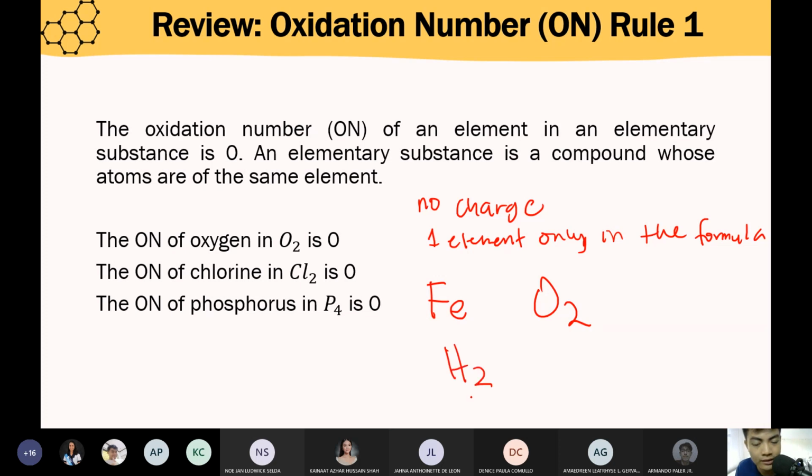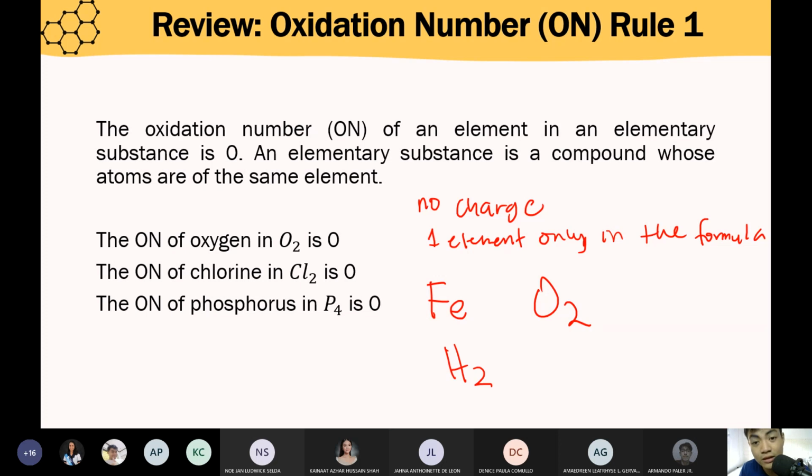This one as well is an elemental state, hydrogen gas, no? Dalawa yung hydrogen atom, but the idea is that is just one element and it doesn't have any charge. So therefore, it is an elemental state. So that's how you tell whether a substance is an elemental state or not. Iisa lang yung atom, iisa lang yung element and it doesn't have any charge.